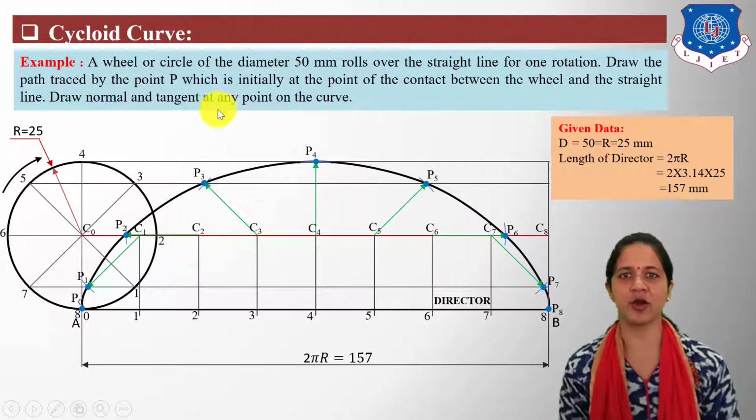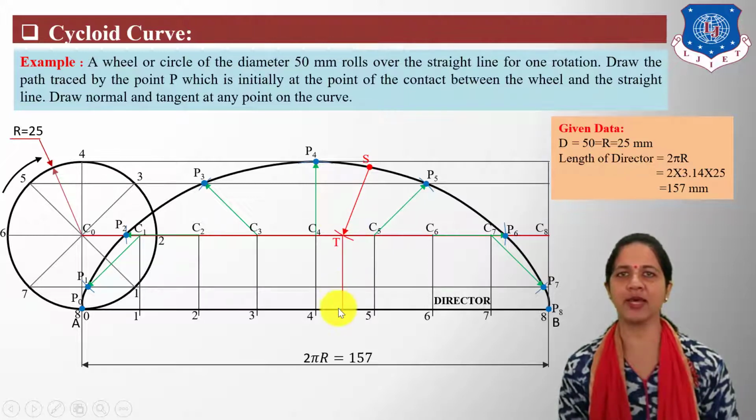Next, for normal and tangent, select one point S on the curve anywhere. Take radius is equal to rolling circle, center S and cut arc on center line of rolling circle. Mark here T point.